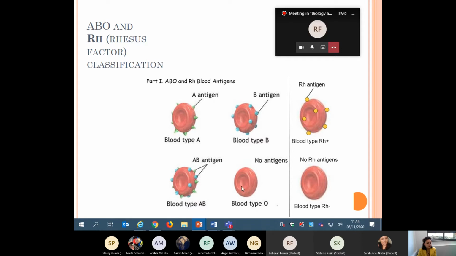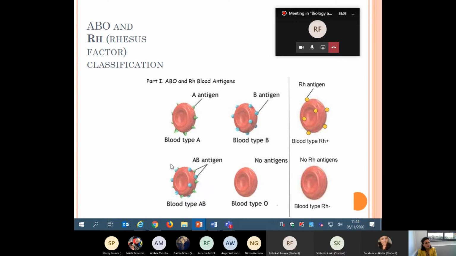And then the final scenario is where you have red blood cells with no proteins, no antigens at all, and they're known as blood group O. So this is not zero, by the way. Some people look at it and think it's blood group zero. It's blood group O. So no antigens. So that's the idea about the four blood groups.